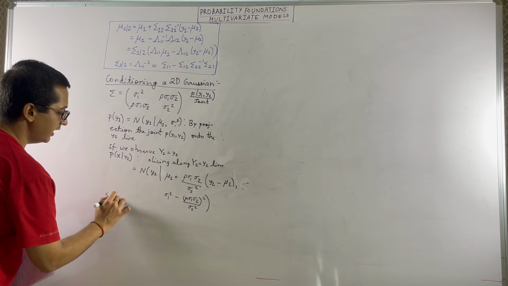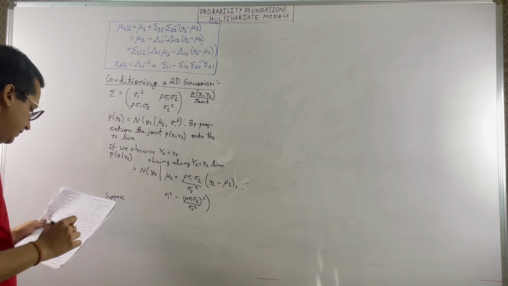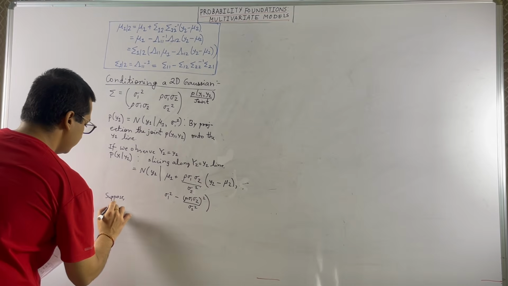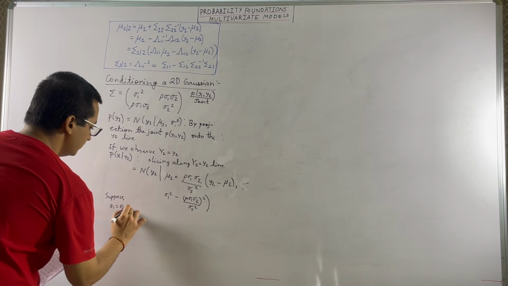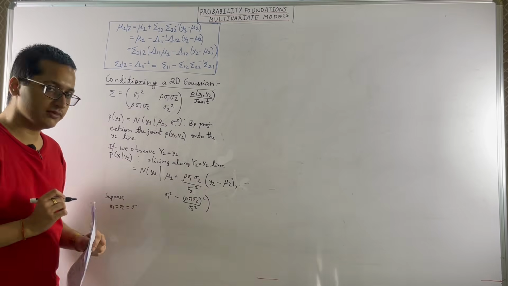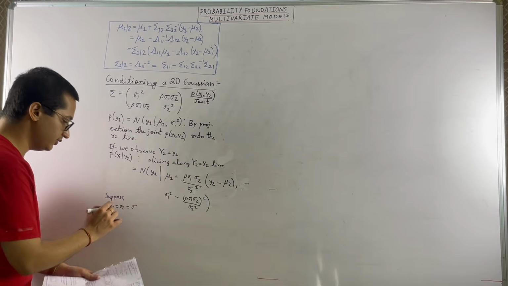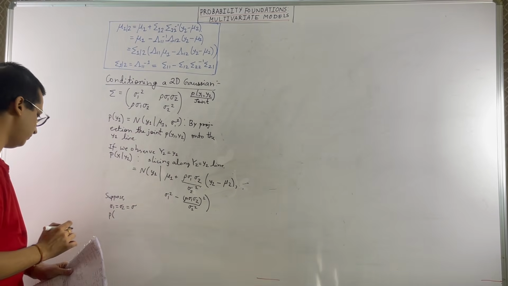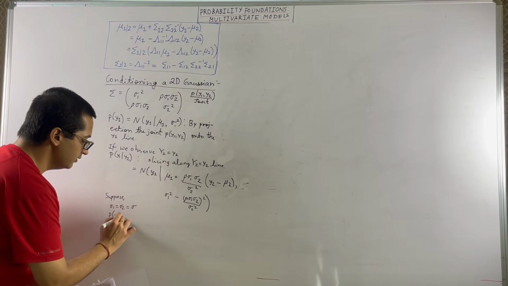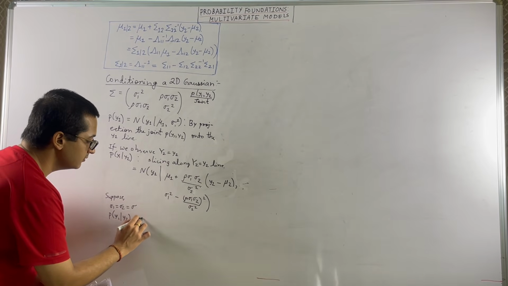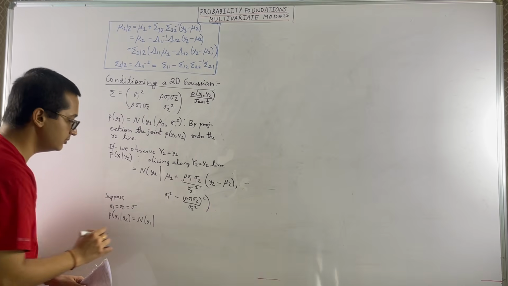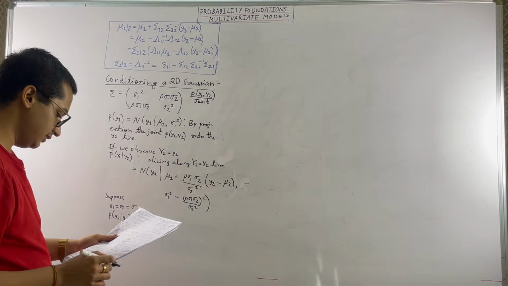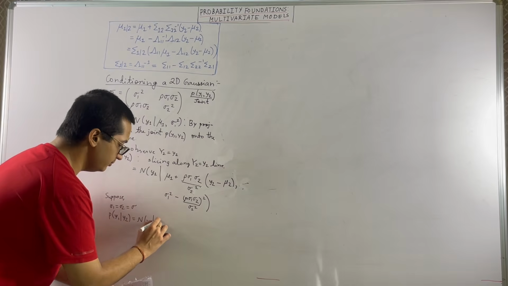Suppose I give you these terms. For example, say for simplicity, say this is sigma. And so what is this P of y1 given y2 then? So y1 is sampled from a normal distribution with, and let us say that the mean, we are keeping mu1.